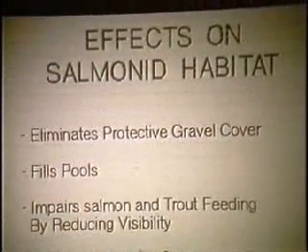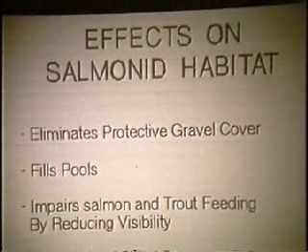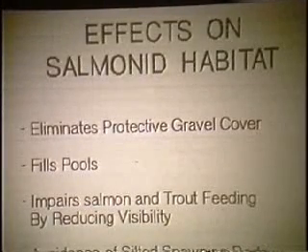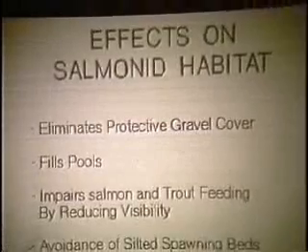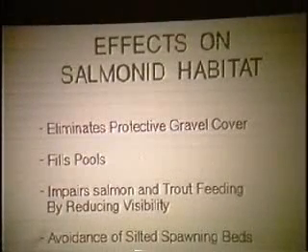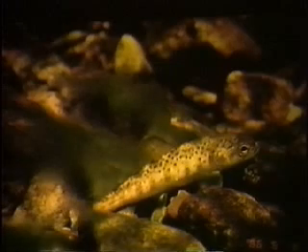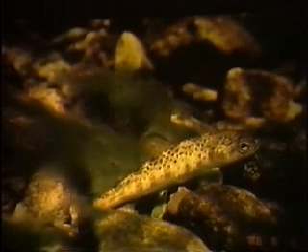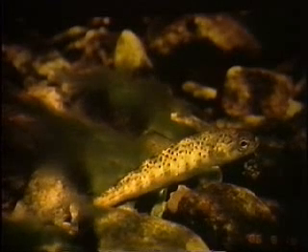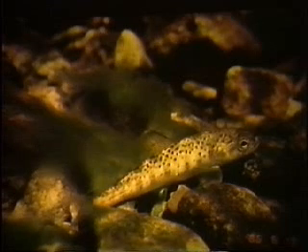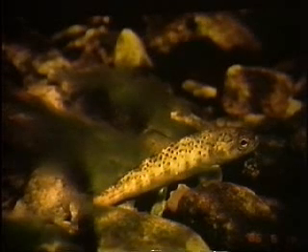It goes beyond that, of course. We now have the effects on salmon habitat and trout habitat and all of those other species that are dependent upon streams for survival. Well, just what are those effects? If we think about salmon or trout, we have to remember that these species, particularly the juvenile stages, as we see here in this salmon parr, are intimately linked to the bottom of the stream, to the substrate.